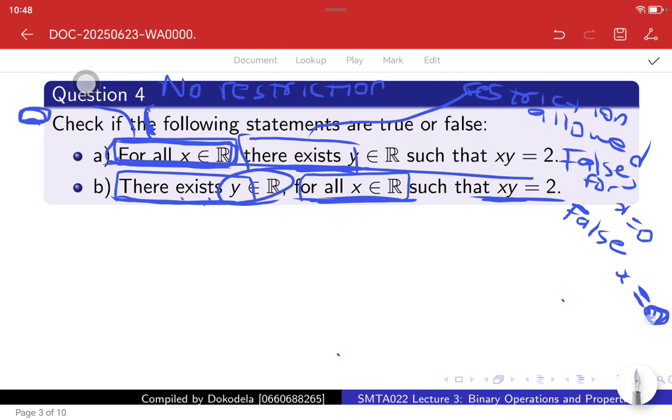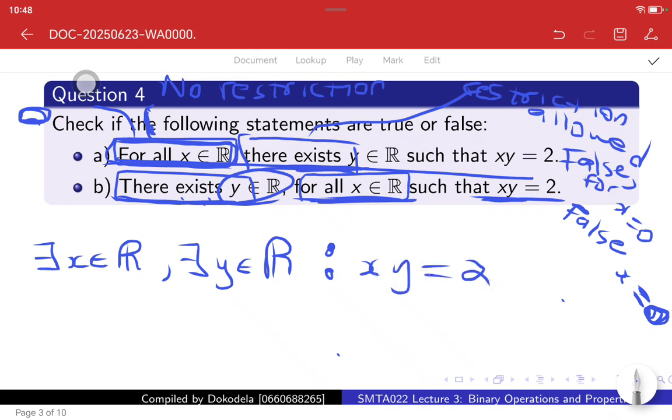Can you do the one with there exists y and there exists x such that xy equals 2? So there exists x element of R such that there exists y element of R such that xy equals 2.